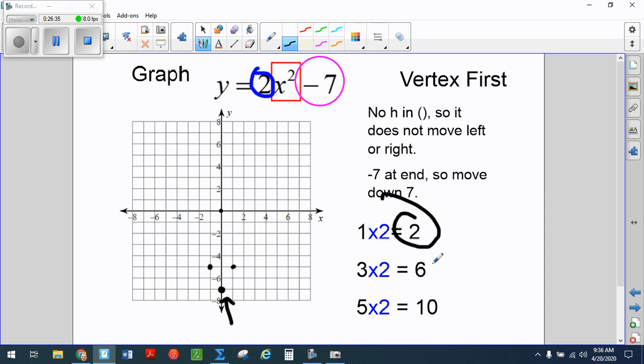Instead of over 1 from there up 3, I'm going to go over 1 up 6. So 1, 2, 3, 4, 5, 6. From the left-hand side, over 1, 1, 2, 3, 4, 5, 6. And then I would go over 1 up 10, but that's going to be way off my graph. So I can just call it a day with those 5 points.